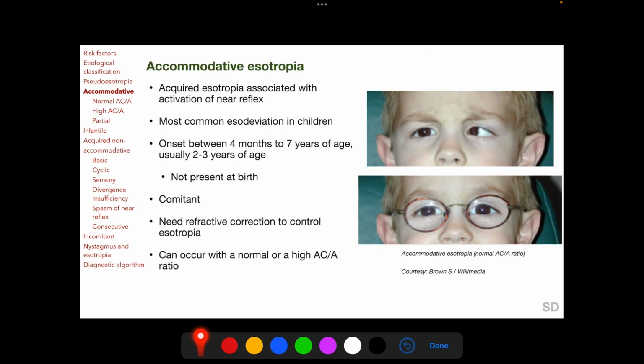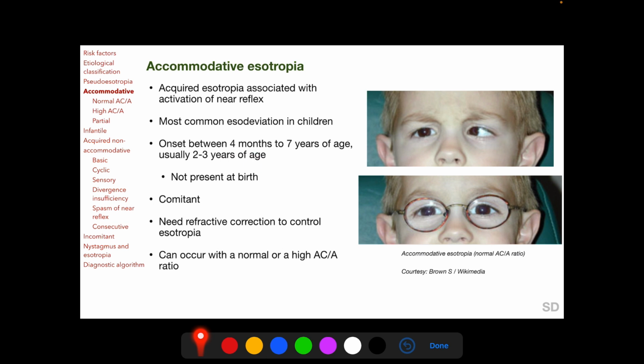Accommodative esotropia is the most common esodeviation in children and is an acquired esotropia associated with activation of the near reflex, the near reflex consisting of accommodation, convergence, and miosis. Onset of accommodative esotropia can be between 4 months to 7 years of age, but is usually between 2 to 3 years of age.